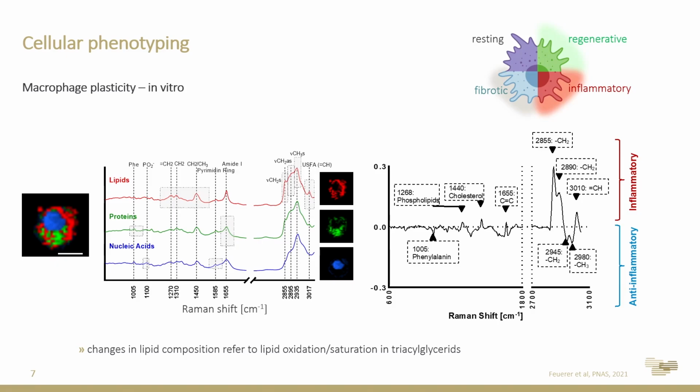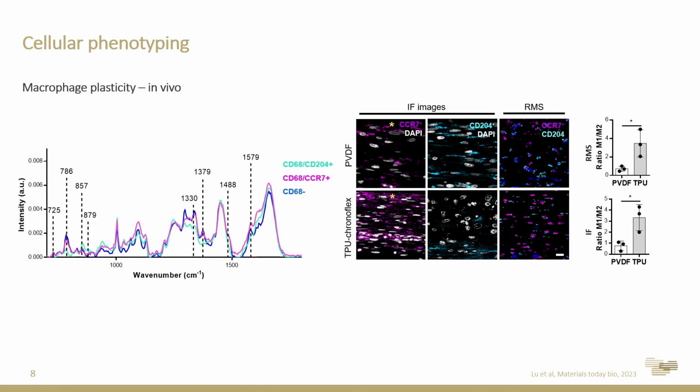We tried then to go back and translate that into the tissues. For single cells, it is quite easy to target them because there's just media around them, but what happens if we go into a more complex tissue environment? So we have shown that ECM structures are visualizable, but how about cells?